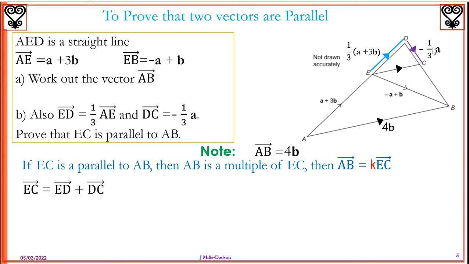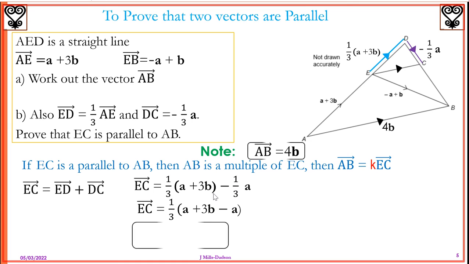So you have this minus that. You can factor out 1/3 and simplify your answer. Or you can choose to expand the bracket, simplify it, and factor out 1/3 the same way. If you've done your working out properly, you should end up with B. When you work this out, 1/3 of 3B is B.